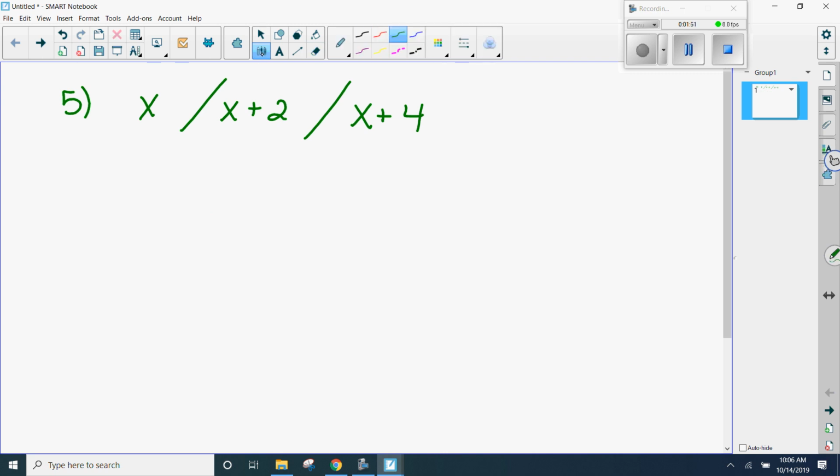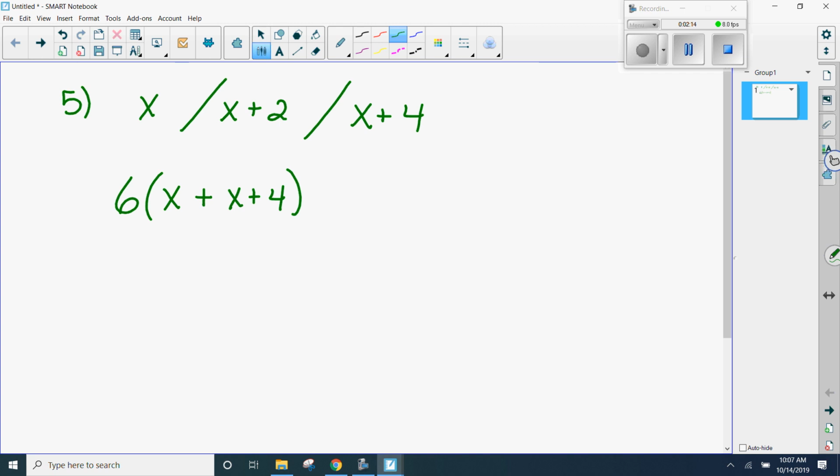So even or odds represent with a difference of 2. Next part: 6 times the sum of the first and the third. How do I show that? 6 parentheses times the sum of the first and the third.